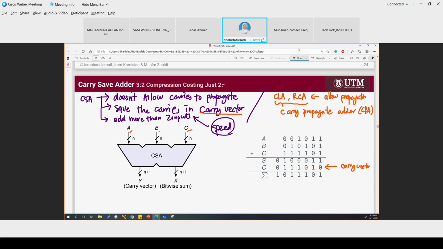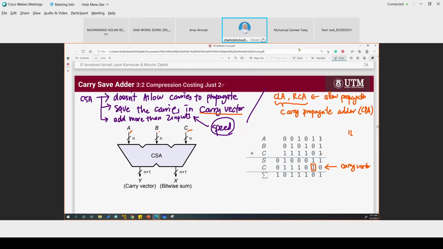Okay, so 1, 1, 1 is 3, 3 is 1, 1, right? So 1, the sum is here, but the carry is here. Okay, we save the carry inside the carry vector here. We're not going to ripple it up here. No, we're not going to do that. But instead, we save it in the carry vector.